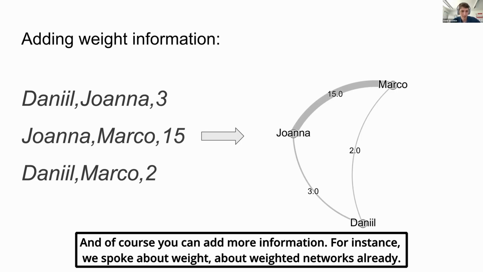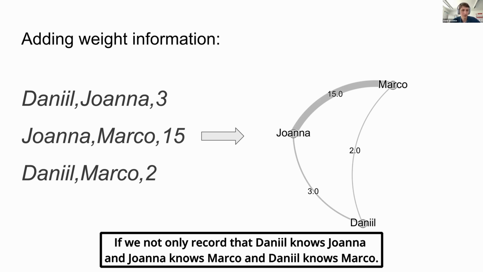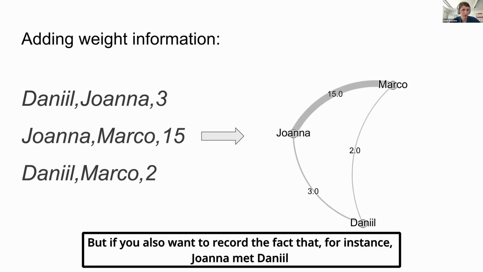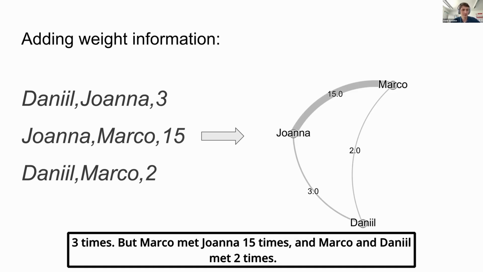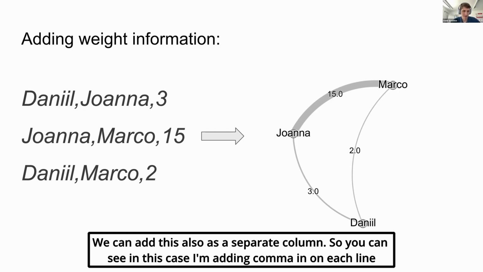Of course you can add more information. For instance, we spoke about weighted networks already, and this is something I wanted to introduce at this point in the presentation. If we not only record that Daniil knows Joanna and Joanna knows Marco and Daniil knows Marco, but also want to record the fact that, for instance, Joanna met Daniil 3 times, Marco met Joanna 15 times, and Marco and Daniil met 2 times, and use this as a proxy for intensity of interaction, we can add this as a separate column.